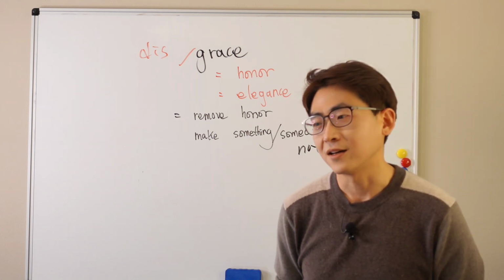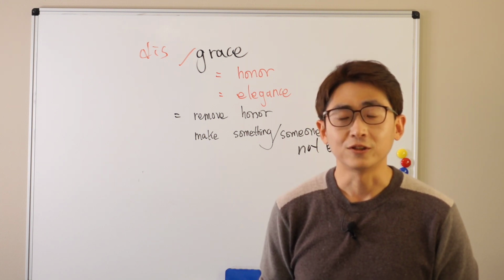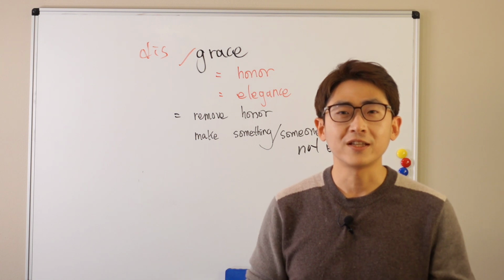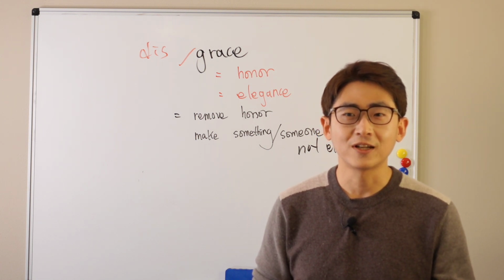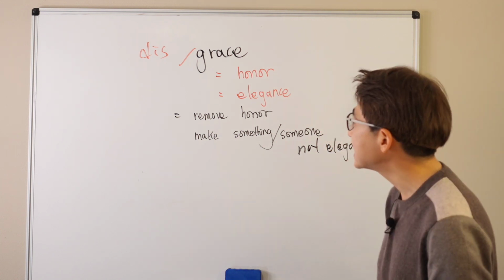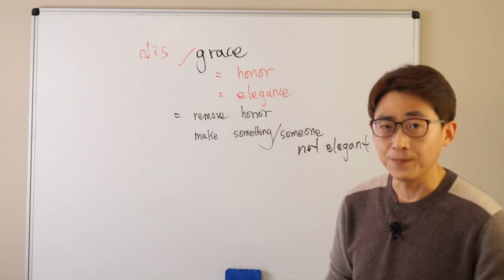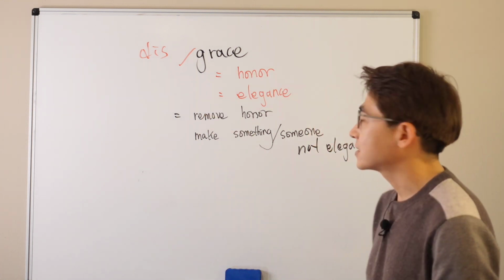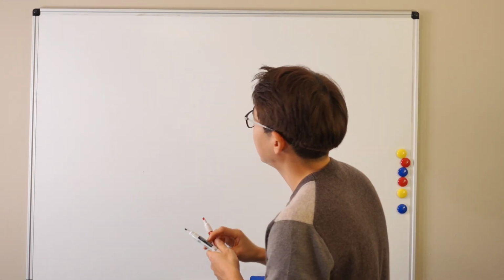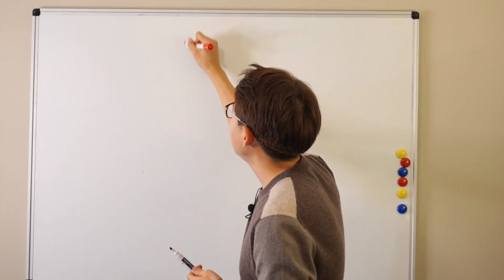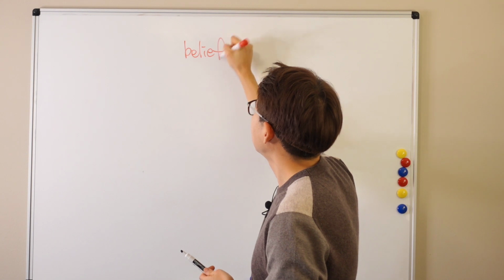For example, in the middle of the night, you get drunk and you sing a song on the street and you get naked and you start to harass people, especially girls around you. Then you are disgracing your family, your name. Okay, disgracing one's name. So that's what the word disgrace means. Okay, and then taking this in front of that would be this one. Belief.